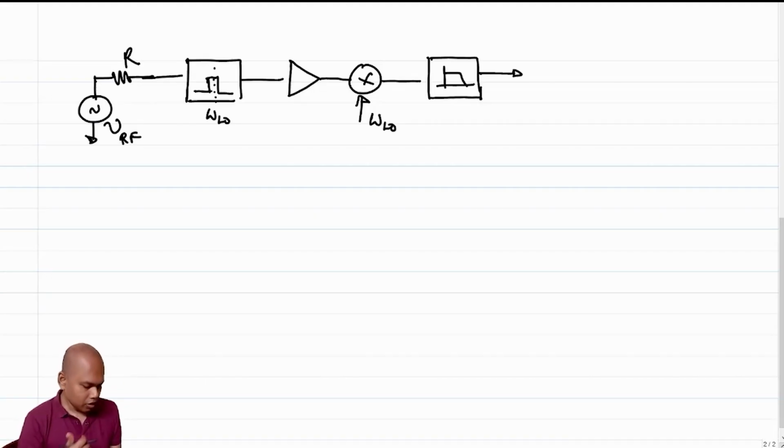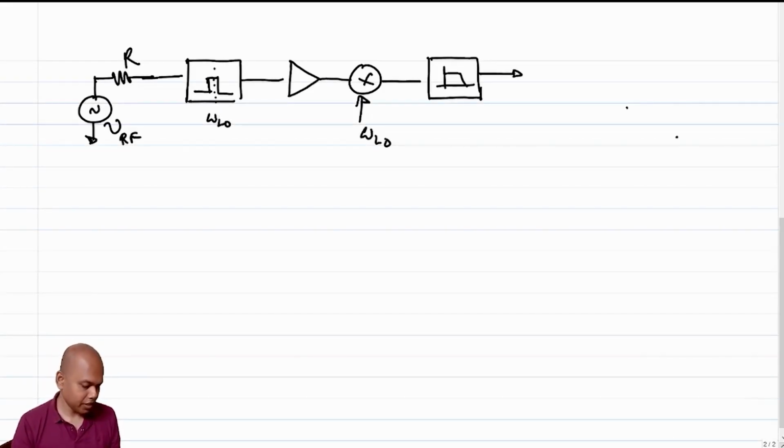Okay. So now the quirk that I was talking about for this particular architecture is as follows. To appreciate the problem associated with this, I'll have to talk about one scenario which you will have to take at face value for the time being. Note that each of these blocks, other than the SAW filter, will be made using transistors.